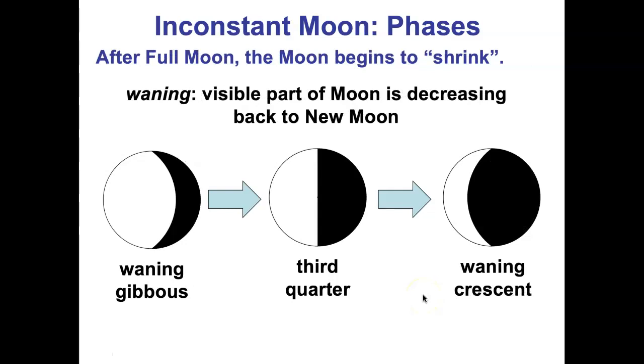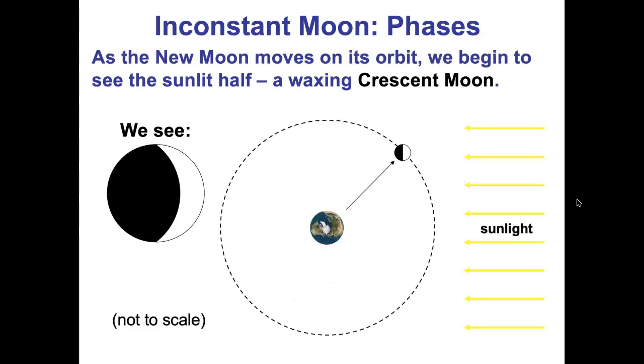When the moon is getting darker from day to day, when you're going from a full moon and then the moon is getting darker, darker, darker, and then you have the next new moon, the moon is said to be waning. All right, so waxing means it's getting brighter day by day. Waning means it's getting darker day by day.